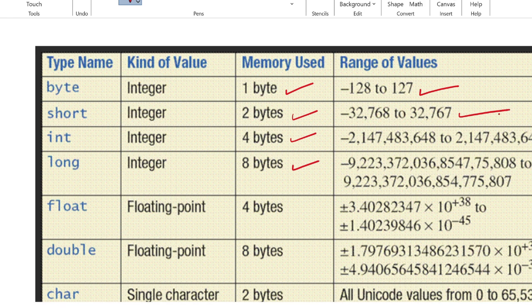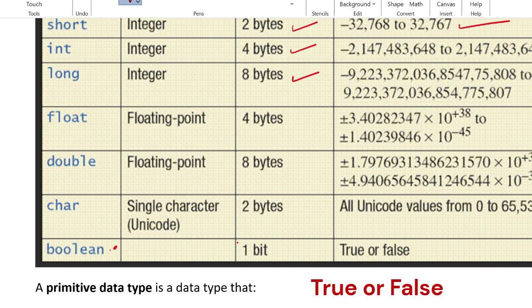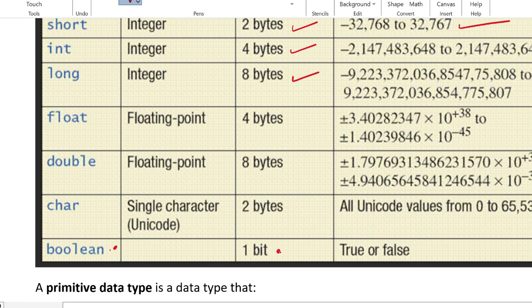For short it's -32768 to 32767, likewise for integer as mentioned below. Even in Boolean, if you can see, it is just 1 bit, wherein we just discuss the true and the false value. So it can be managed in a bit.